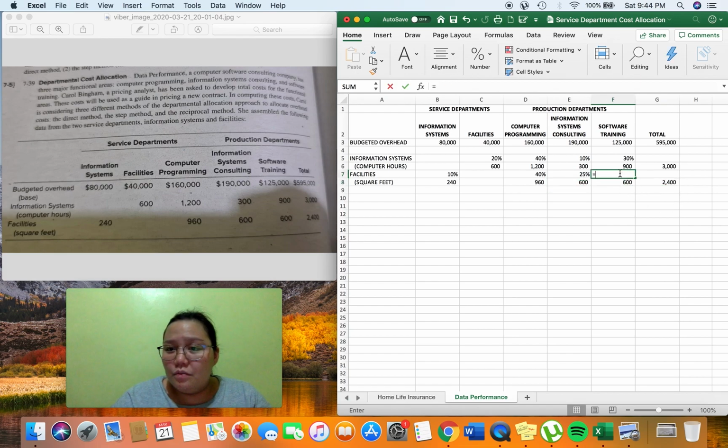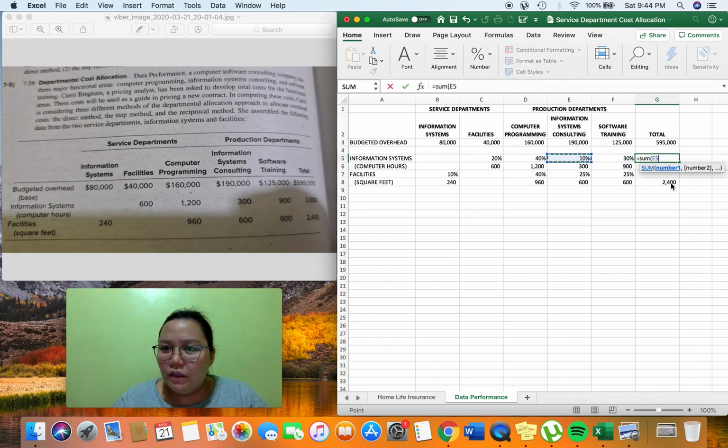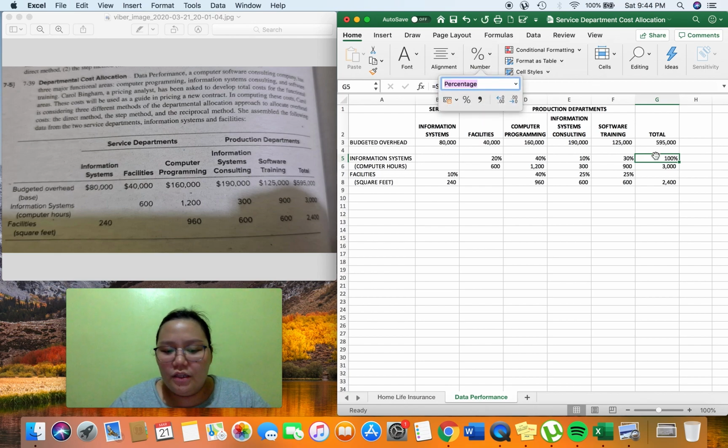And of course, since they both have 600, we'll also get 25%. So notice that when you add everything, it must be equal to 100%, because that was the basis. So it should be 100%. And same with this one.